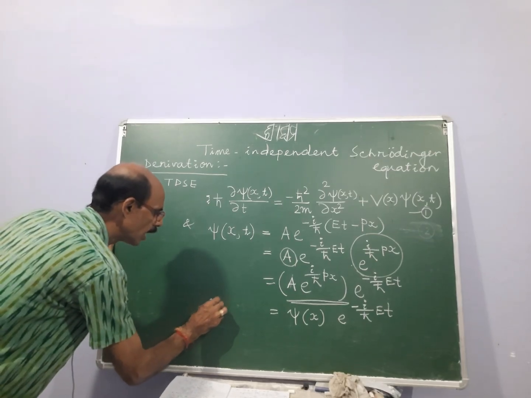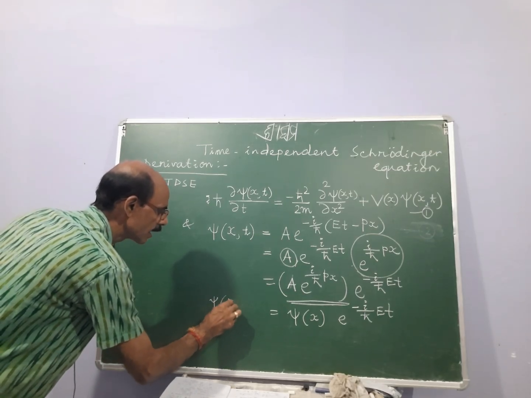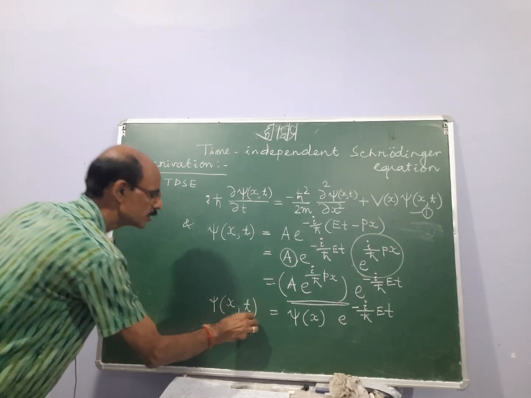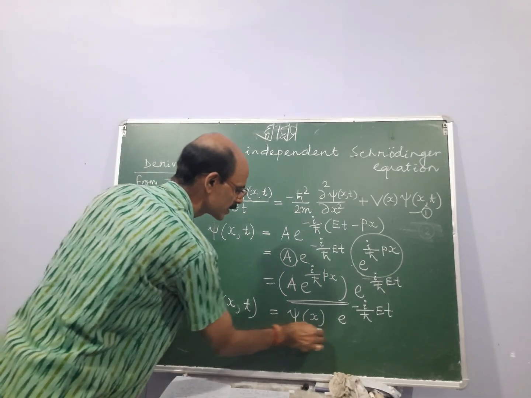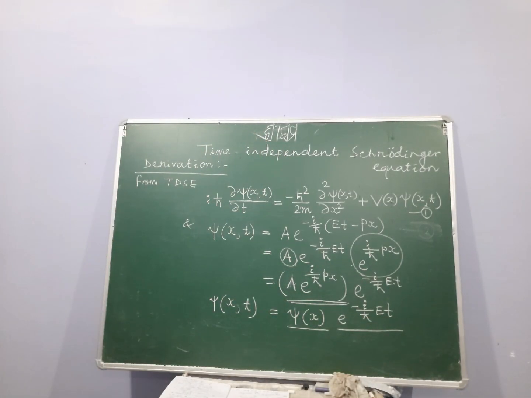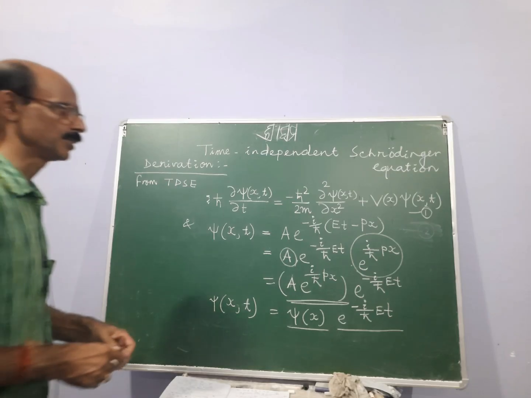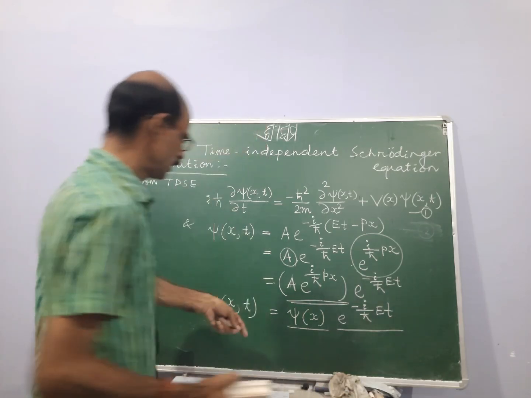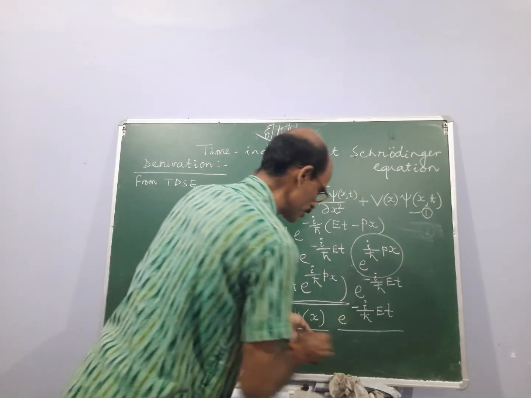So our psi x t is now expressed as a product of psi x and exponential of minus i by h cut E t. Let it be equation number 2.